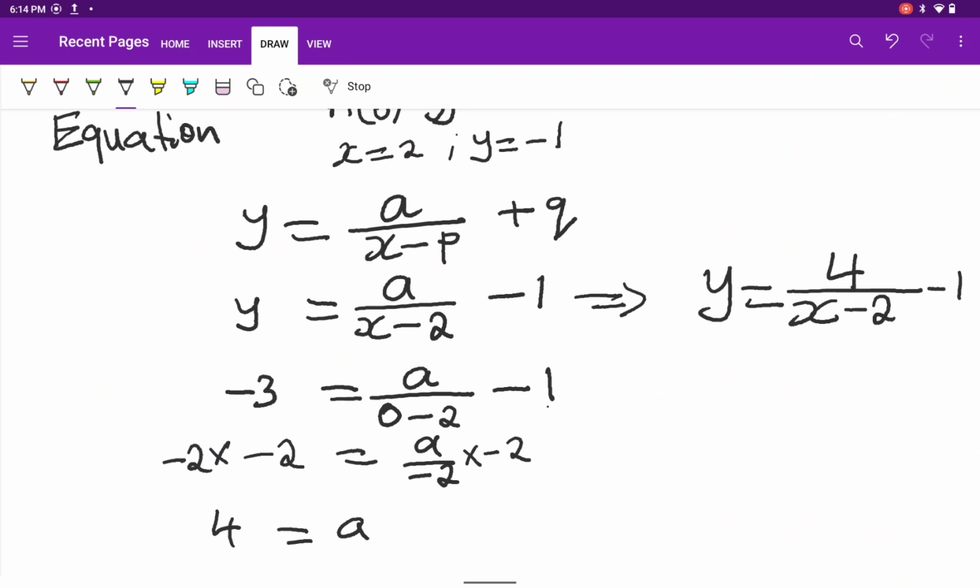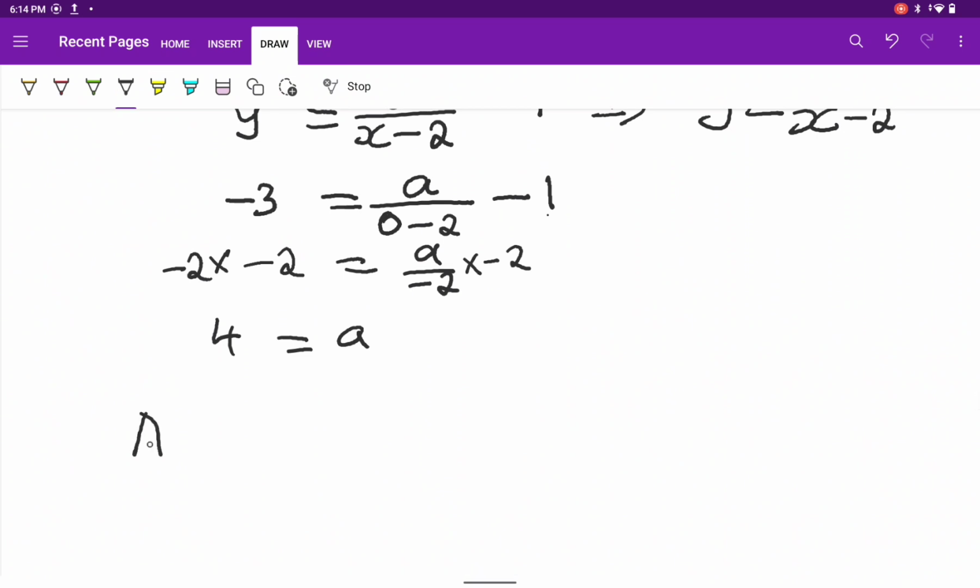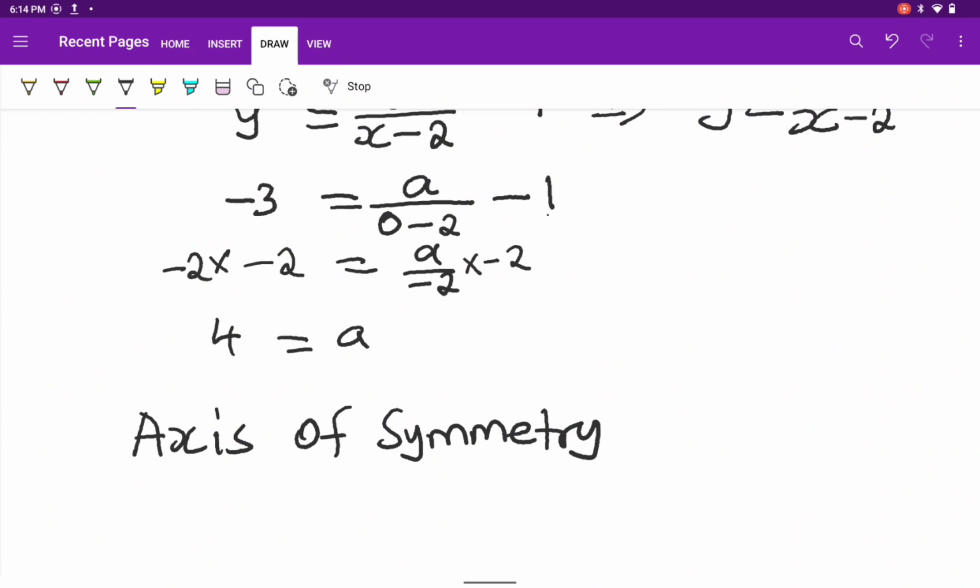Right, so the next equation that we may be asked to calculate is the equation of the axis of symmetry. Now, what is this symmetry? Symmetry is a line that divides a function or graph or anything into two equal parts.